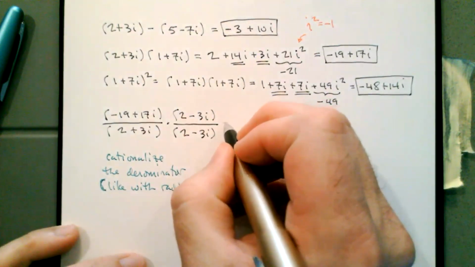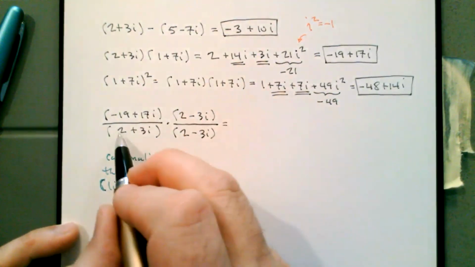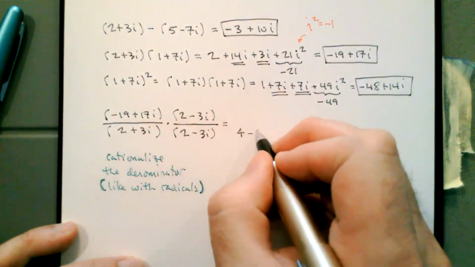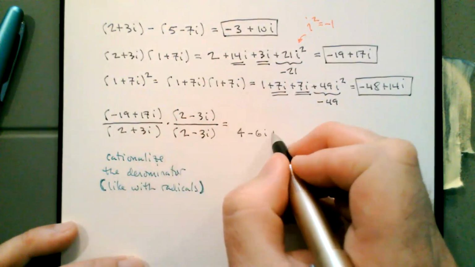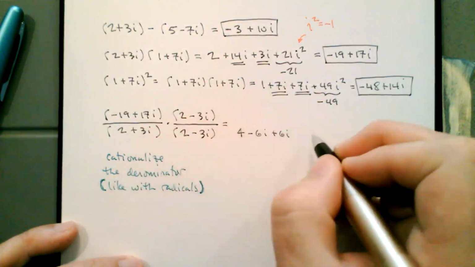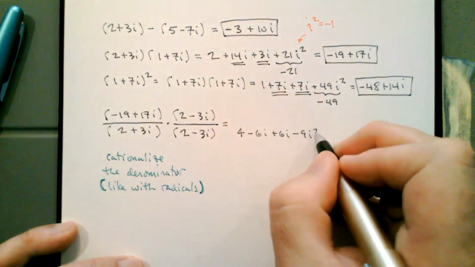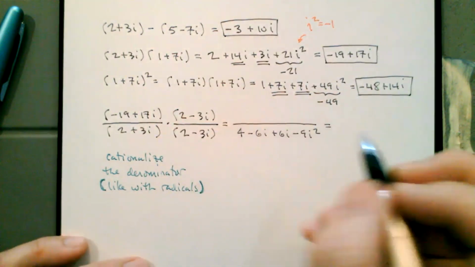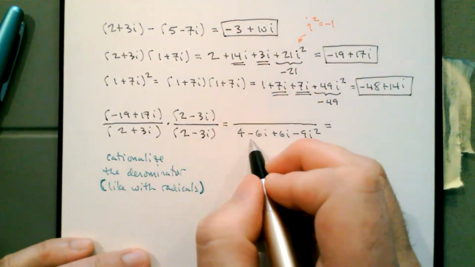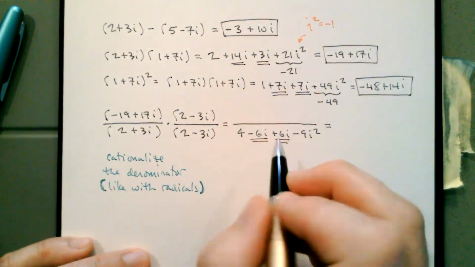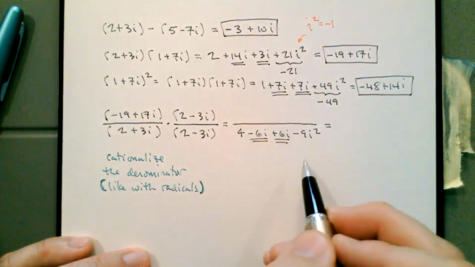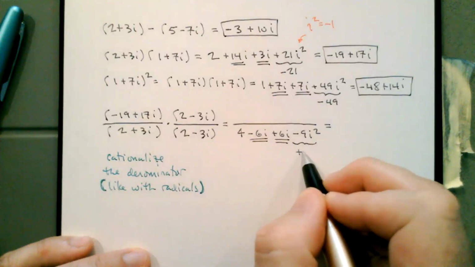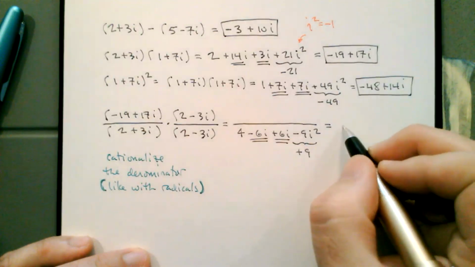But after that, it's just multiplication. 2 times 2 is going to be 4, minus 6i plus 6i, minus 9i squared. So what happens in the denominator is that it becomes a real number. Negative 6i plus 6i cancels out. Negative 9i squared is going to be plus 9. 4 plus 9 is 13.